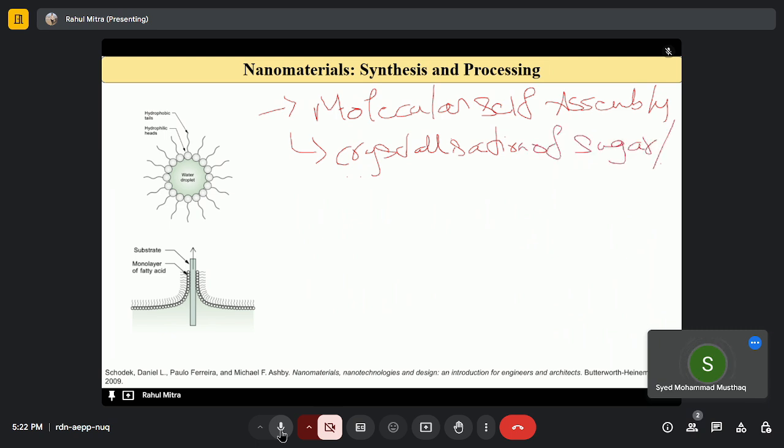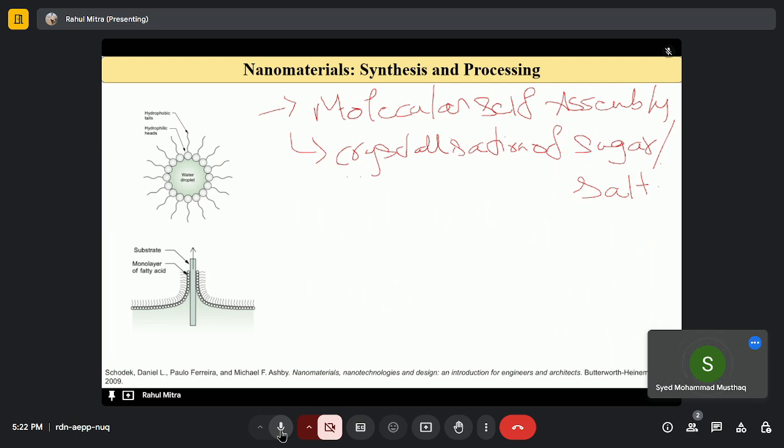This is one type of molecular self-assembly process, and not only sugar but even if we have a salt solution and we try to cool it down, when you try to freeze the salt solution, we have the molecular self-assembly, the organization of molecules. And in this, what we do is we create conditions which make atoms or molecules self-assemble.